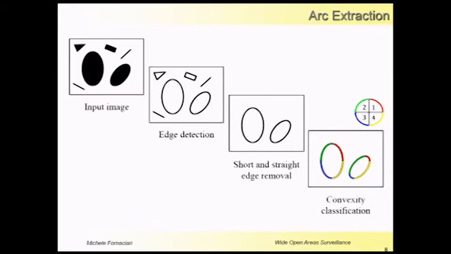Basically, I want to divide the boundary of my ellipse into smaller portions, and each portion has the main feature that all edge pixels in it have the same convexity direction. Here you can see them color coded.